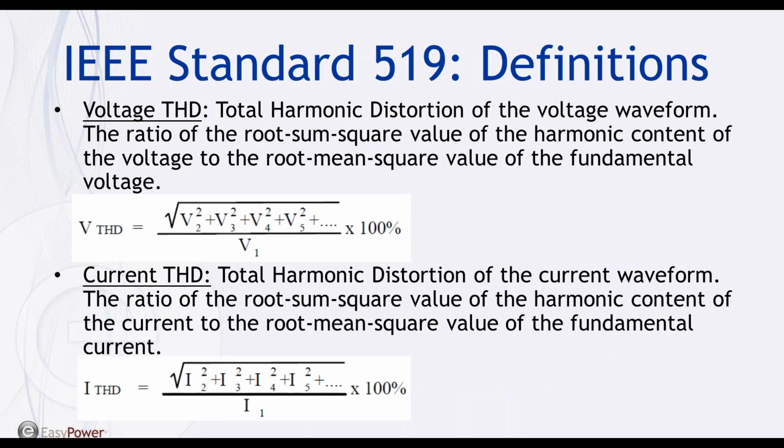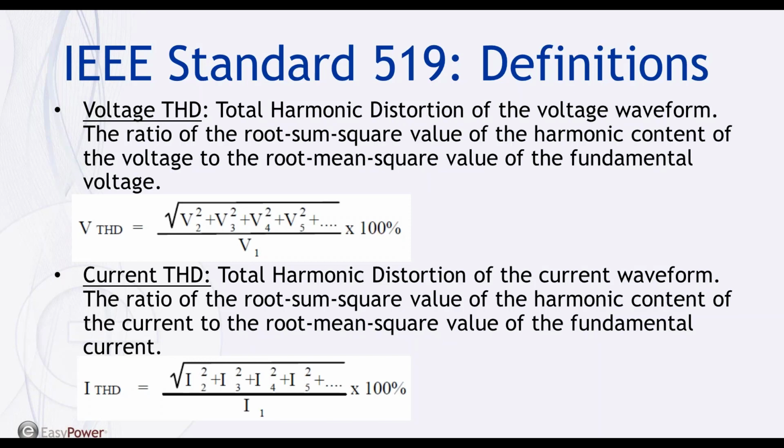More definitions here. The voltage total harmonic distortion of the waveform is the ratio of the root sum square value of the harmonic content of the voltage to the root mean square value of the fundamental voltage. Similarly, the current total harmonic distortion of the waveform is also the ratio of the root sum square value of the harmonic content of the current to the root mean square value of the fundamental current.